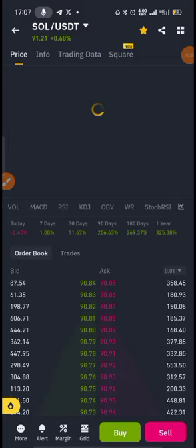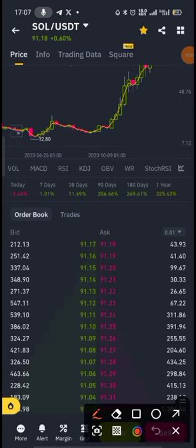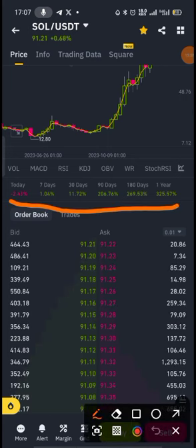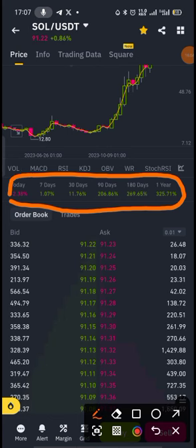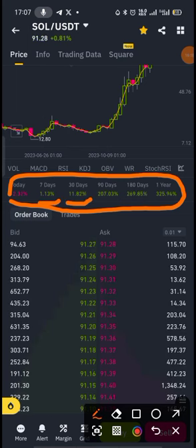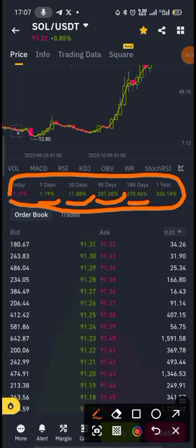So going back here, price. This tells you about the coin's performance. Today it has lost 2.3%. In 7 days it has done only 1%, and in 30 days it has done 11%. In 90 days 207%. In 180 days 270%.